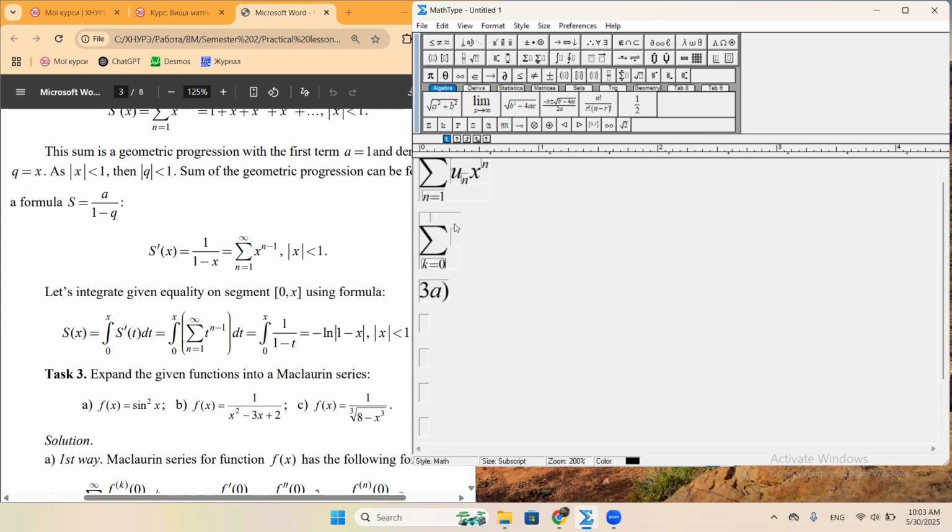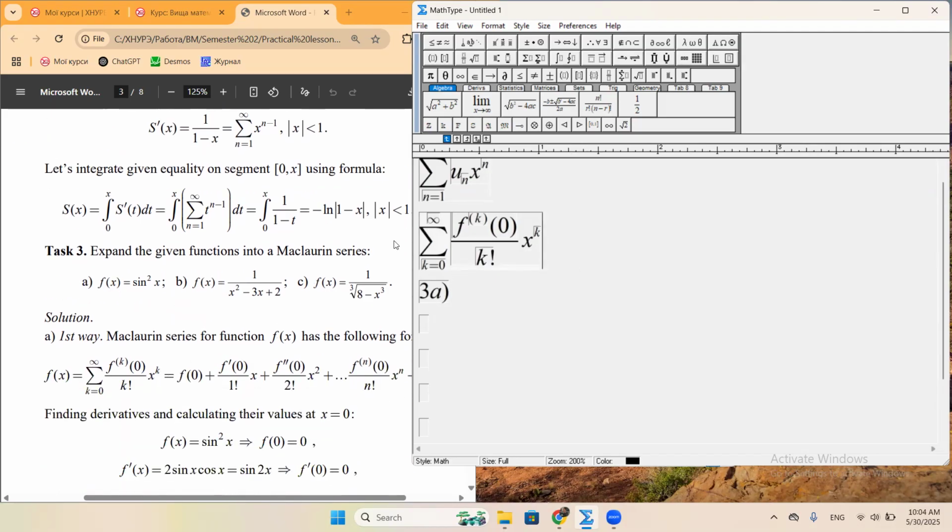So k from 0 to infinity, the derivative of order k of f at point 0, multiplied by x in power of k and divided by k factorial. This is the expanded form. Okay, I will write down here that it is the Maclaurin series.